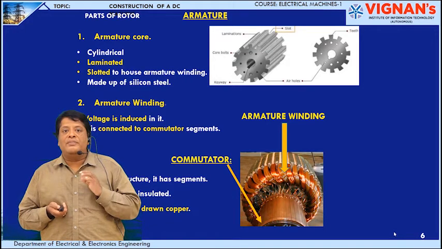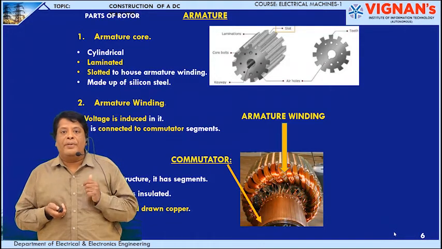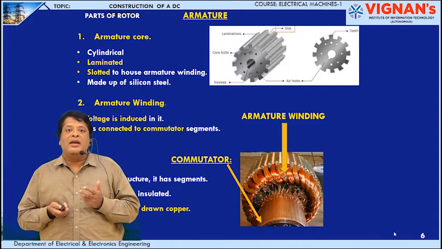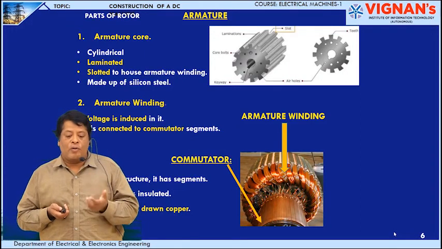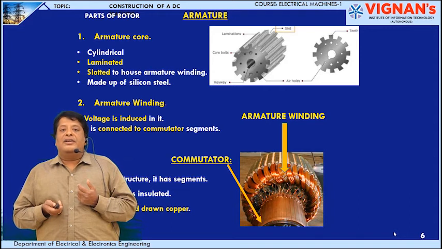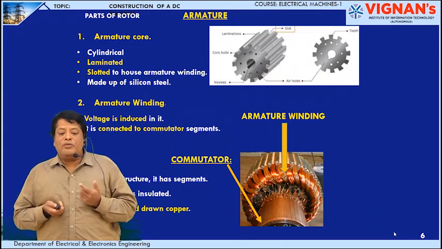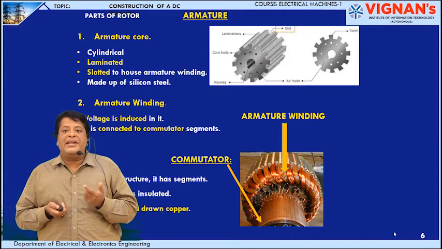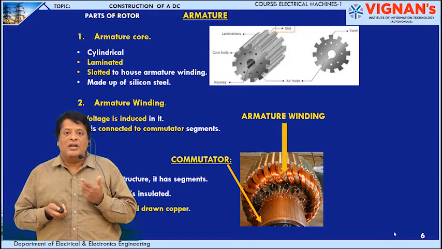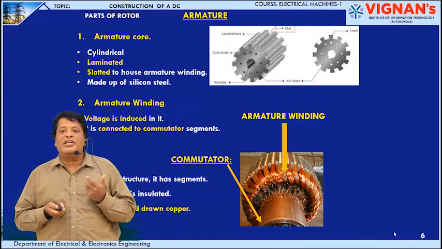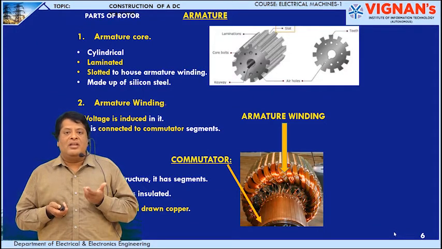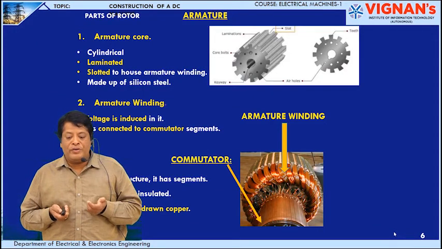It is not simple copper, but hard drawn copper, to increase the mechanical strength of the copper. Next, the material used for winding is generally copper wire. For large-rating machines, sometimes they go for aluminum also.